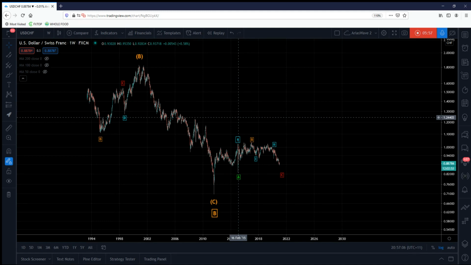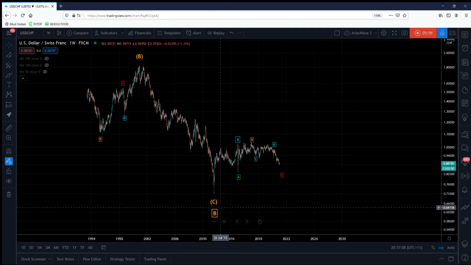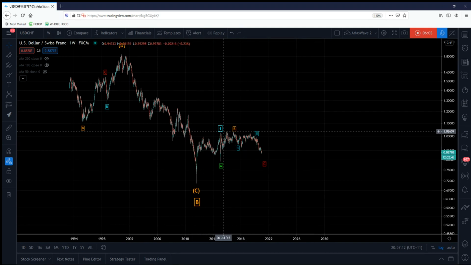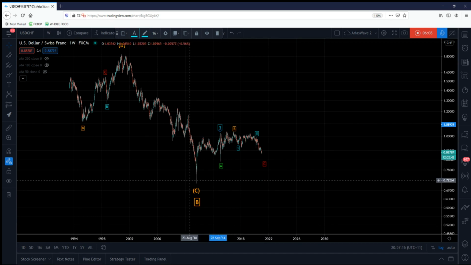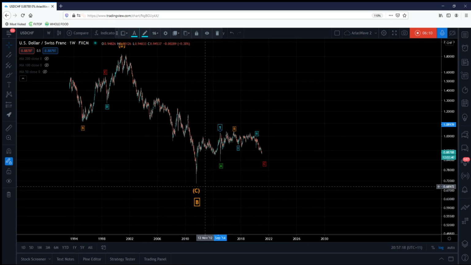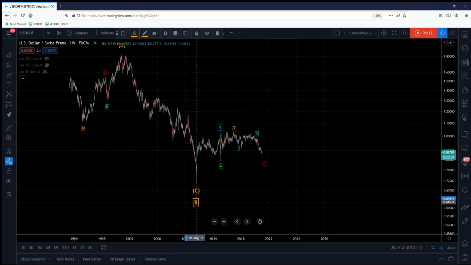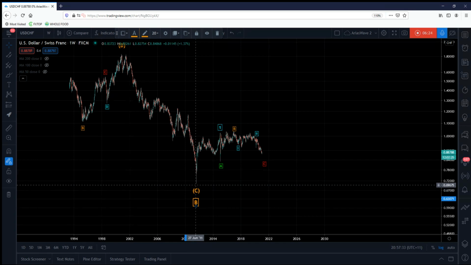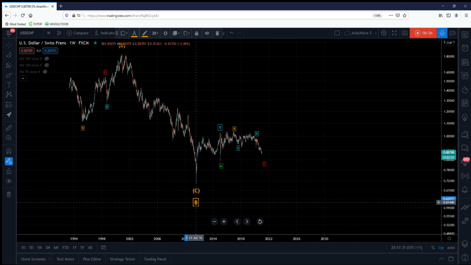So, what it's doing now is basically in the process here on this particular chart of creating a 1-2 pattern. Okay. So, for anybody who's looking at this now thinking, this B wave, where did it start? Well, it actually started around 84. So, from 84 until now, until 2011, that's how long this B wave lasted.